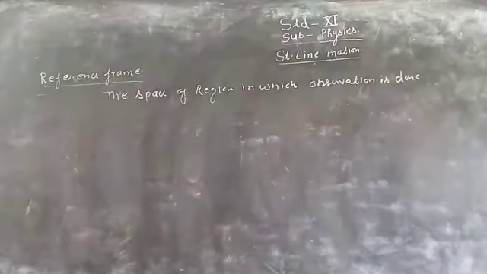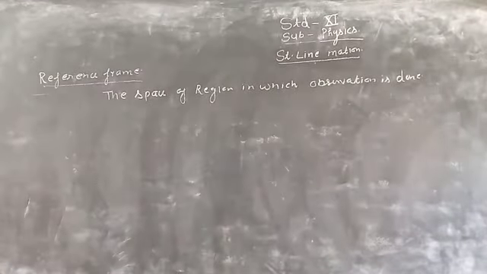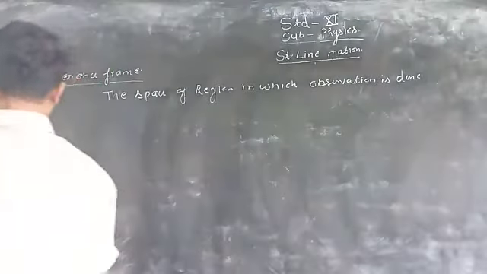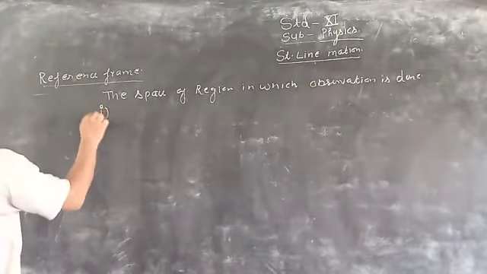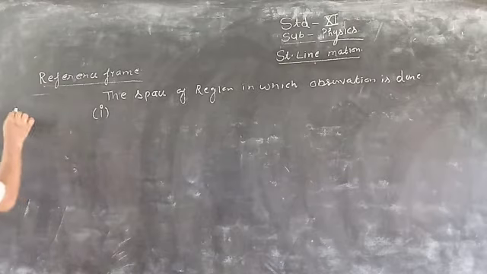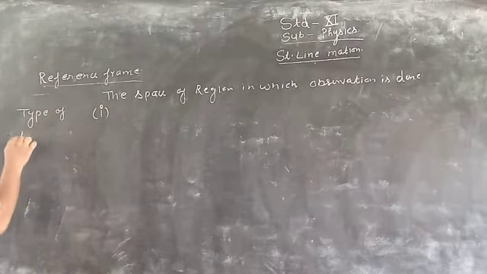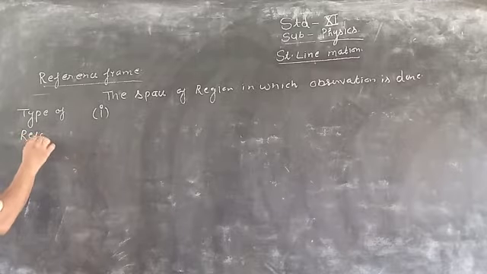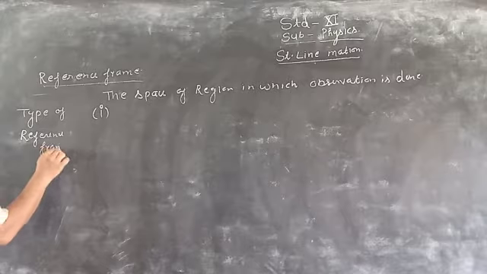Next we have to discuss the acceleration of the body, and we have to discuss the two types of reference frames occurring there. There are two types of reference frame.